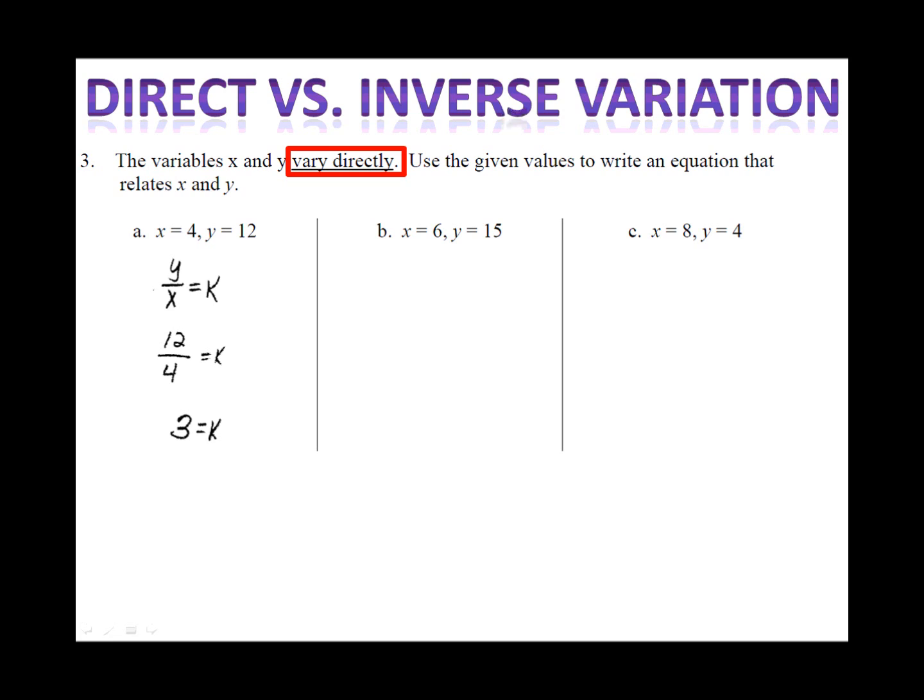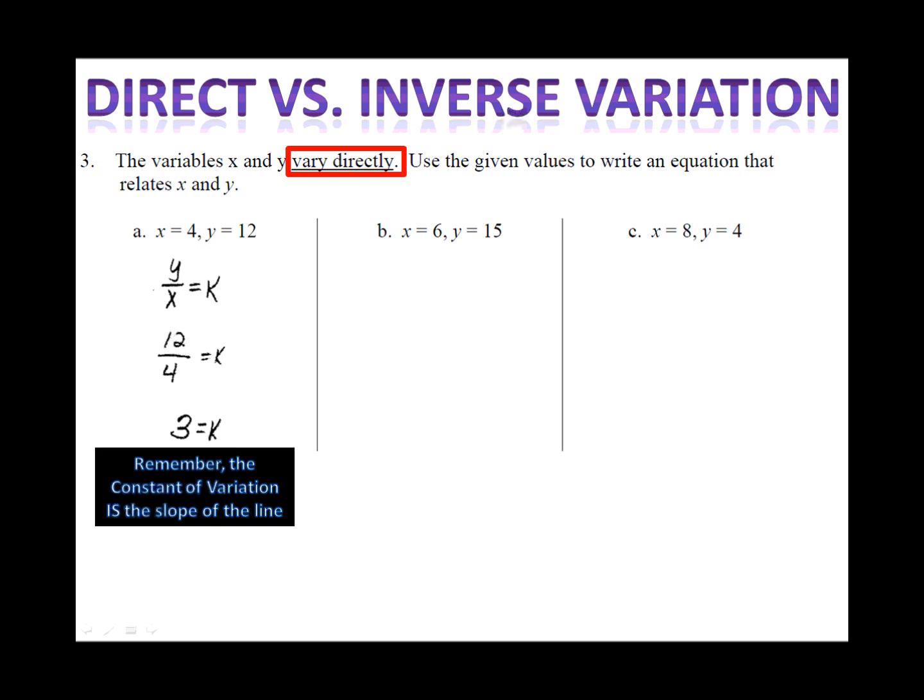Y over x gives us the constant of variation, which is called k. We find that the value of k is 3. 3 is the slope of our line. We can now write the equation y equals 3x. It's really y equals 3x plus 0 because it passes through the origin, but we don't need to write plus 0.